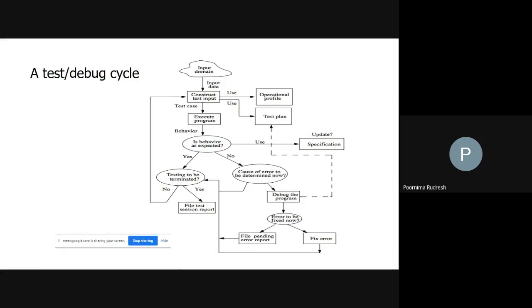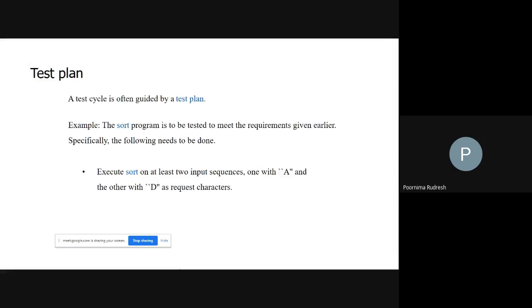In the last class also I explained and defined correctness. Correctness is the correct operation of a program or the product. The correctness defines the correct operation of a program or the software product.